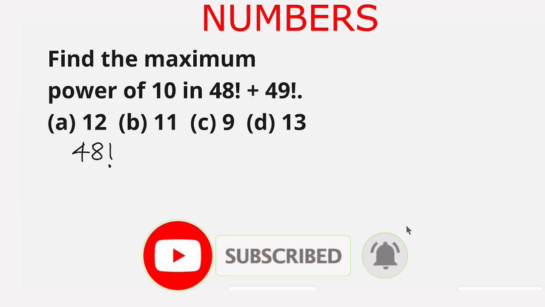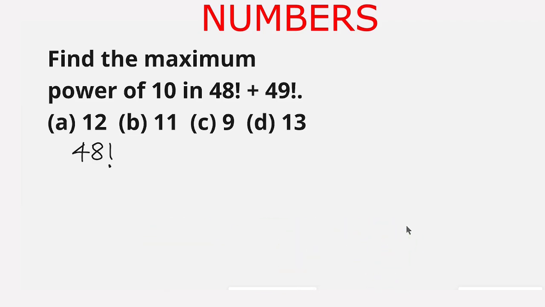48 factorial plus 49 factorial can be written as 48 factorial plus 49 multiplied by 48 factorial, as 49 factorial can be written as 49 multiplied by 48 factorial. And we take 48 factorial common. So this gives 1 plus 49.